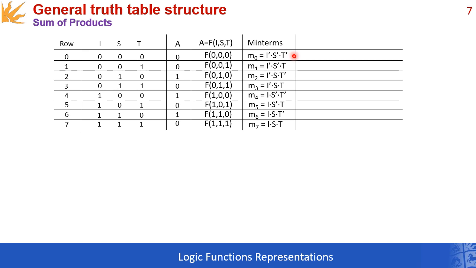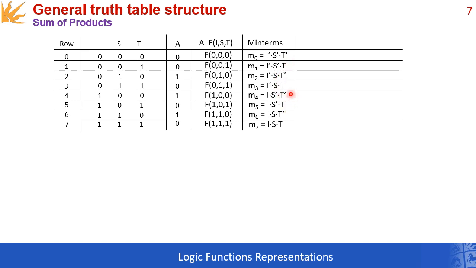As you can see, each of the minterms is the logic AND of the variables. But notice something peculiar. For each value which is equal to 0, we use the opposite of the variable.